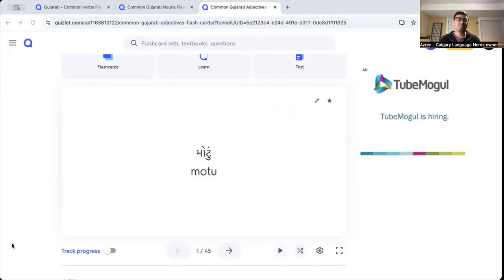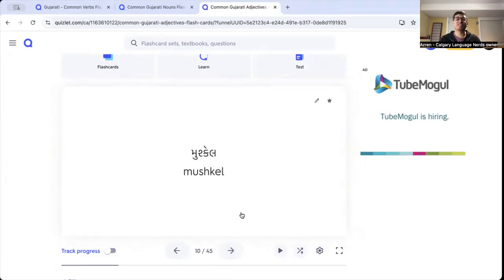Okay, so big, motu, small, nanu, long, lambu, short, tuku, good, saru, bad, kharab, new, navu, old, jhunu, easy, sarar, difficult, mushkel.